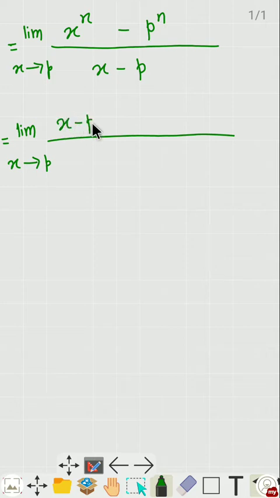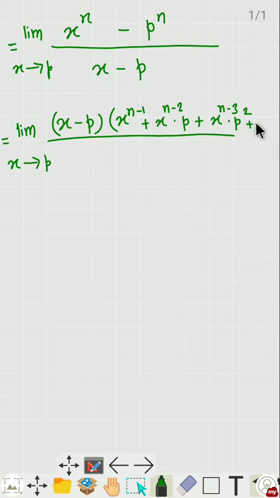First is x minus p, and the second factor is x raised to the power n minus 1 plus x raised to the power n minus 2 into p plus x raised to the power n minus 3 into p square plus dot dot dot, and the last factor p raised to the power n minus 1, bracket complete, and whole divided by x minus p.